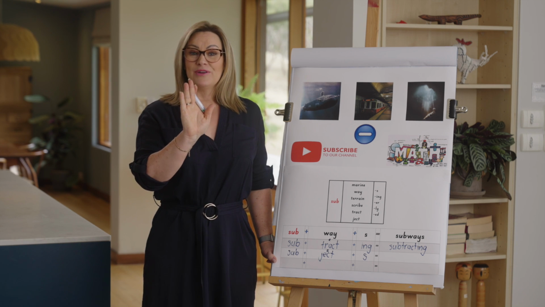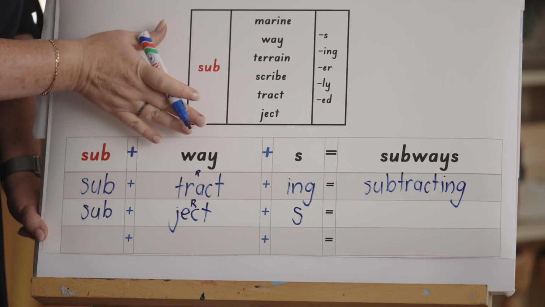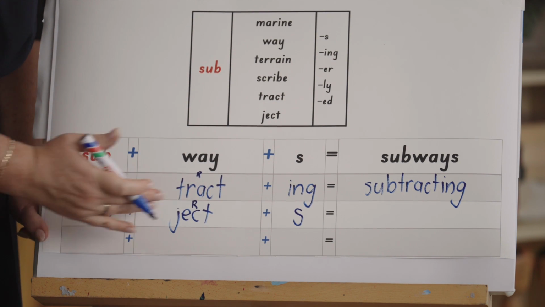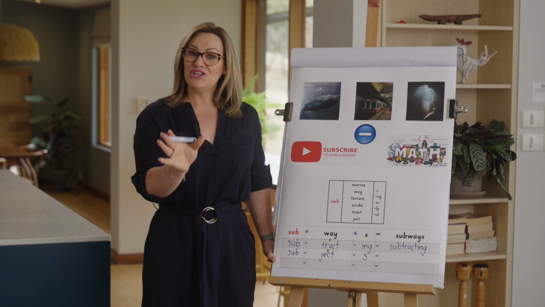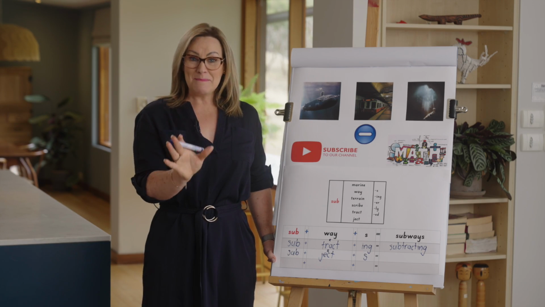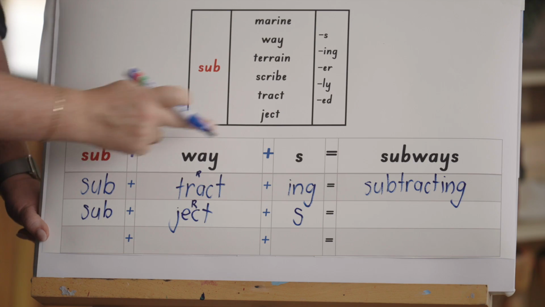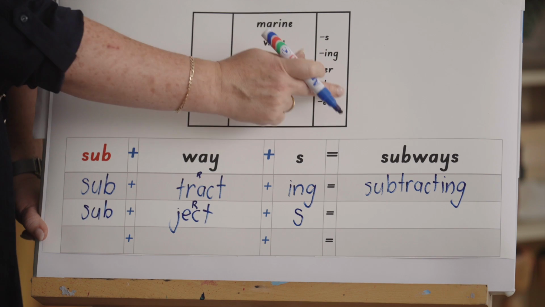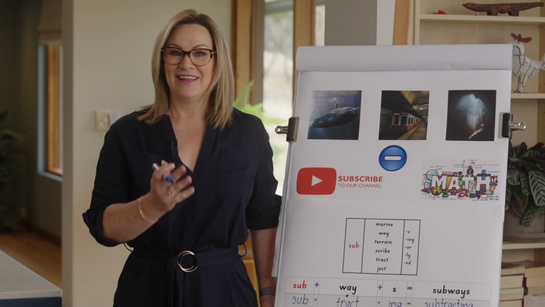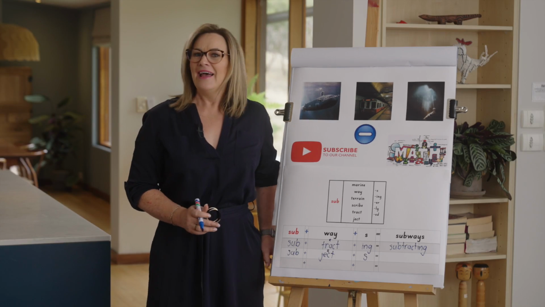Right now, I would like you to zoom in on this chart. You can see how we've set this grid out. You need to copy that grid into your workbook and continue on writing as many words as you can using these base and roots, prefix, sub, and our suffixes. Off you go.